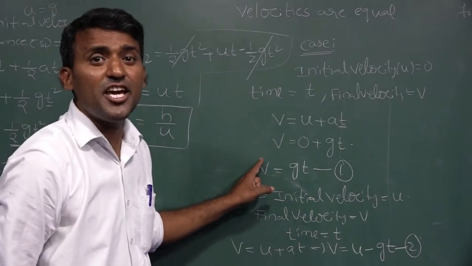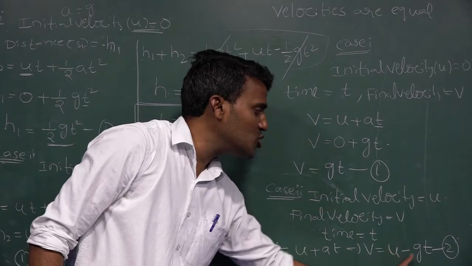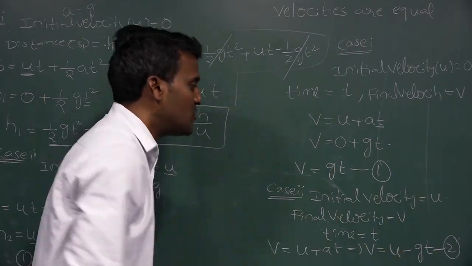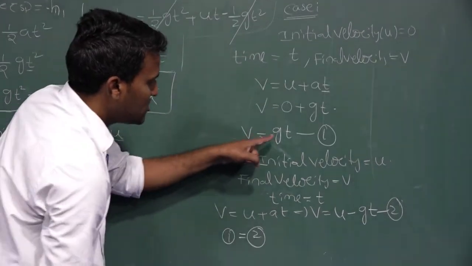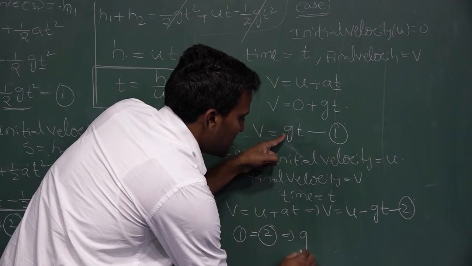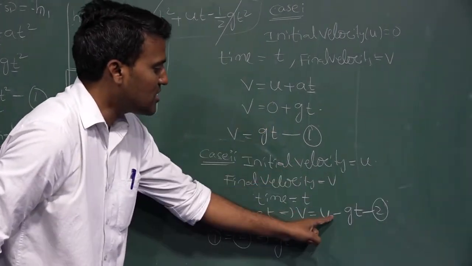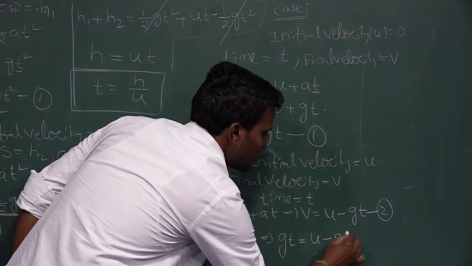They said the velocities are equal. v is equal to g t, and v equal to u minus g t. So just compare equation 1 and equation 2. When you compare them, first I write g t equal to u minus g t on the RHS.